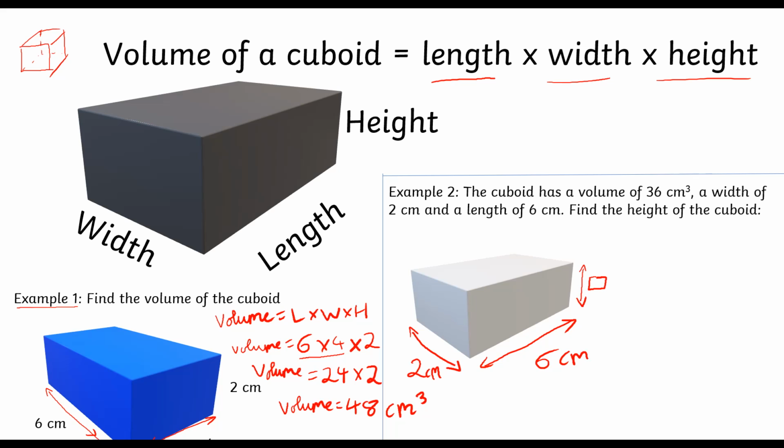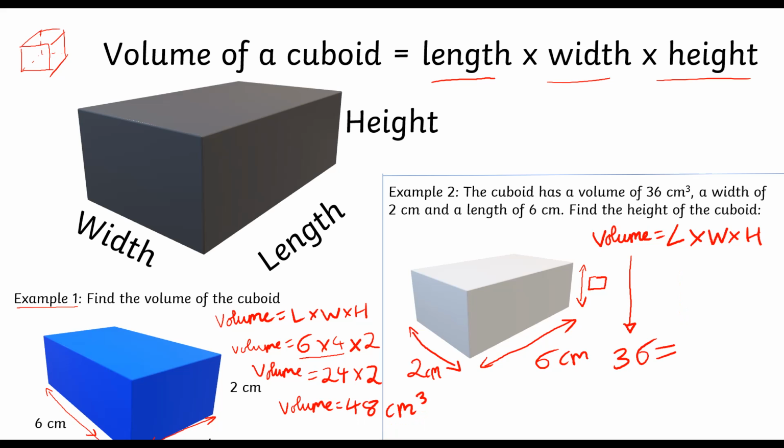So I'm going to write the formula. Volume is equal to length, and I'm just going to use L for length, times width, times height. And then I'm going to substitute in what I know. So I know the volume is 36 centimeters cubed. So instead of volume, I can write 36.